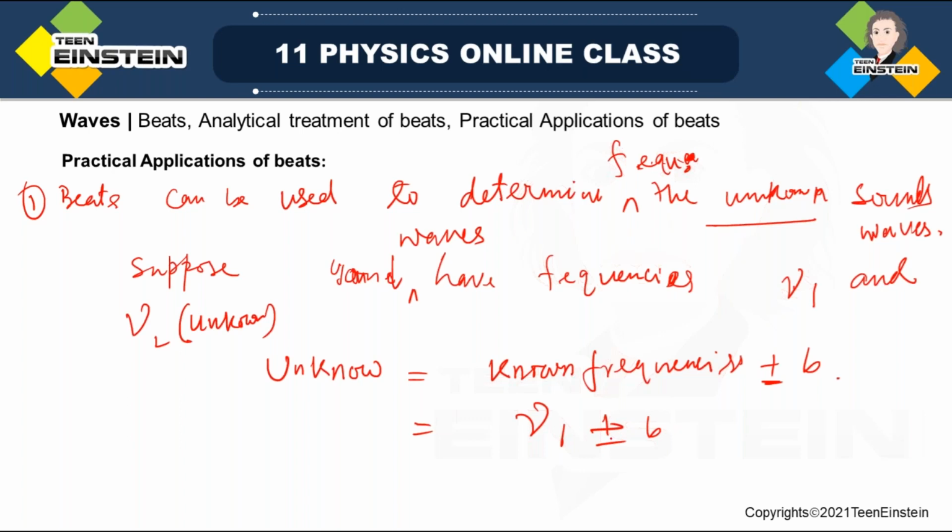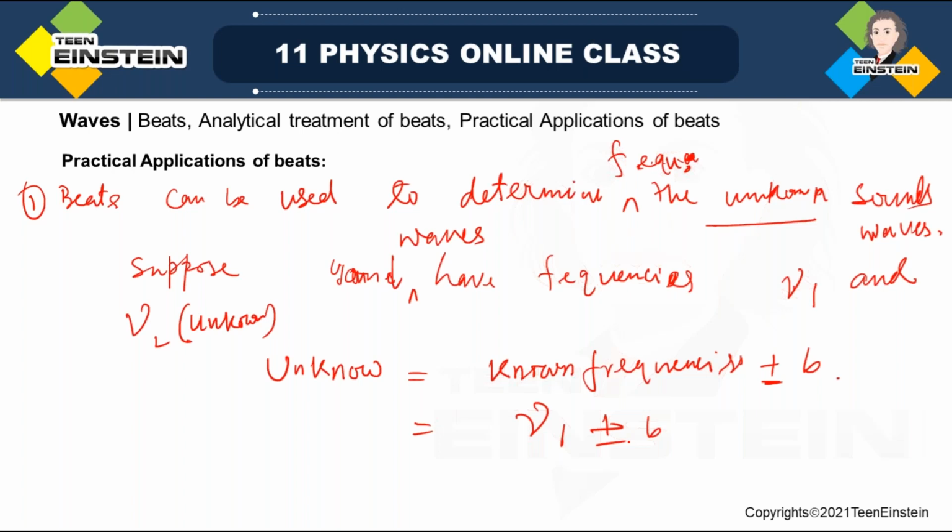Now if you want to determine whether it is plus or minus, for the unknown one you just load the prong of the tuning fork with some wax.